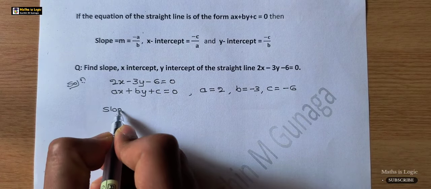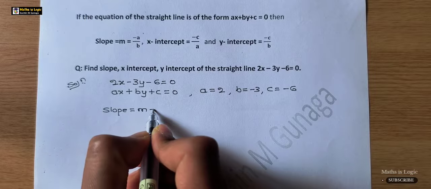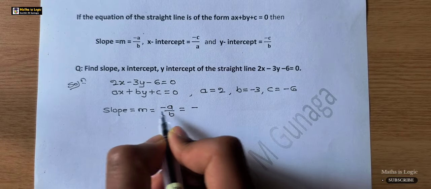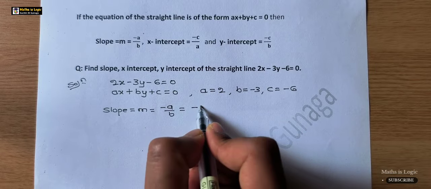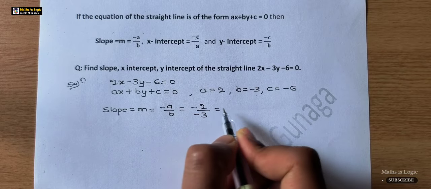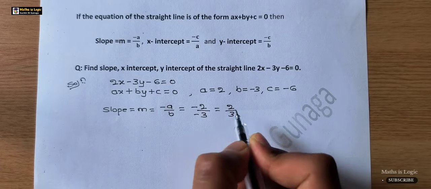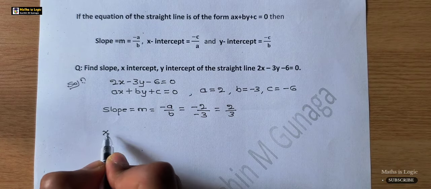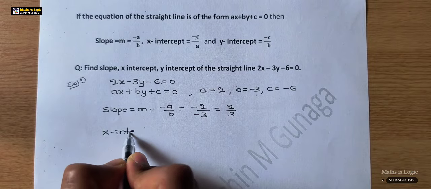Therefore slope m is equals to, write the formula, minus a divided by b. Keep that minus as it is. A value 2 divided by b value minus 3. So final answer is 2 divided by 3, because minus divided by minus is plus. Next, x-intercept.